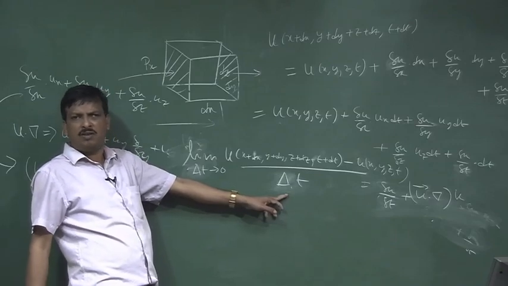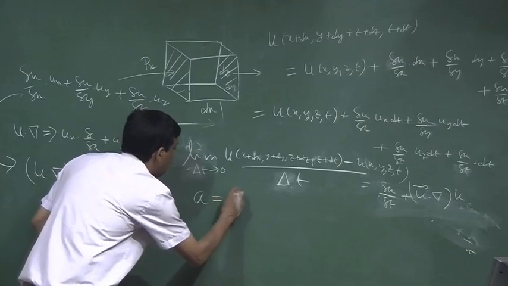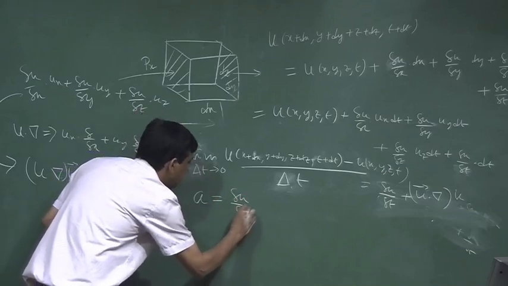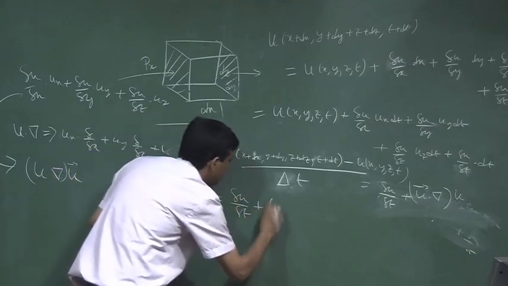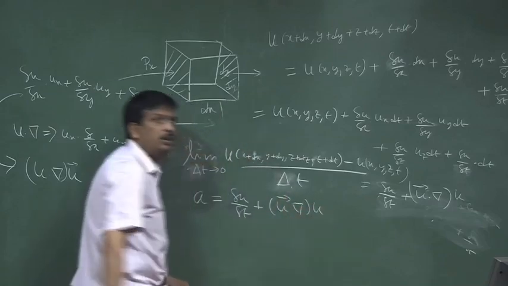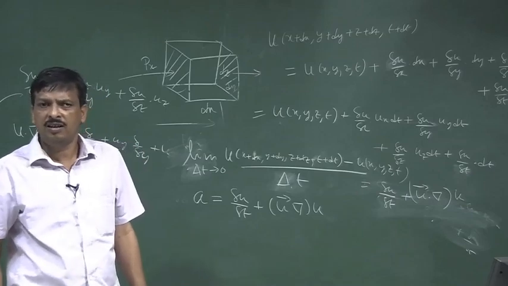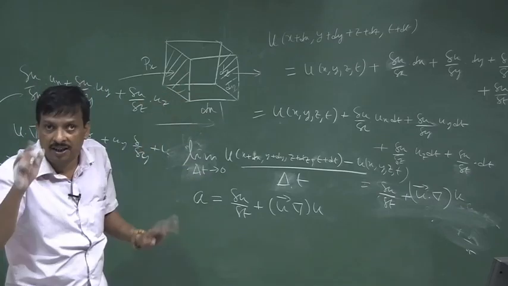Rate of change of velocity is the acceleration. So, I can say acceleration a is equal to ∂u/∂t plus u·∇u. Okay. That is the acceleration of the particle.